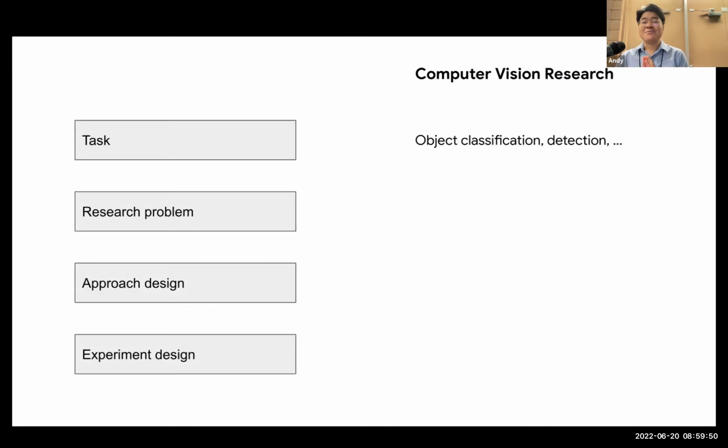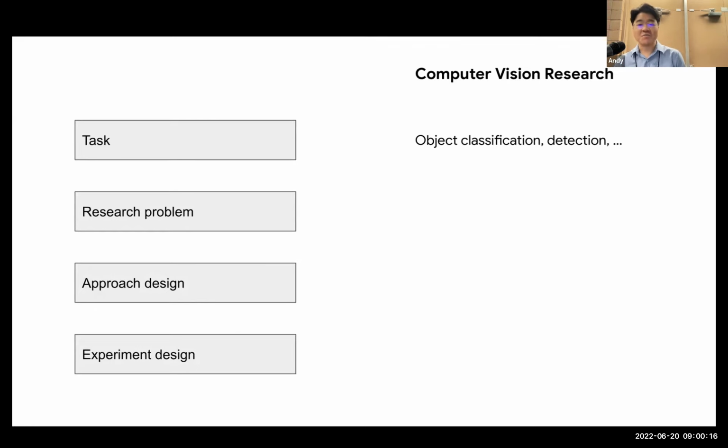Okay, so when I think about doing computer vision research, there are several components or several decisions I immediately think about. Imagine yourself as a graduate student and assume that you want to work on a brand new research project. There are several decisions you need to make. One decision is obviously what computer vision task you will be focusing on.